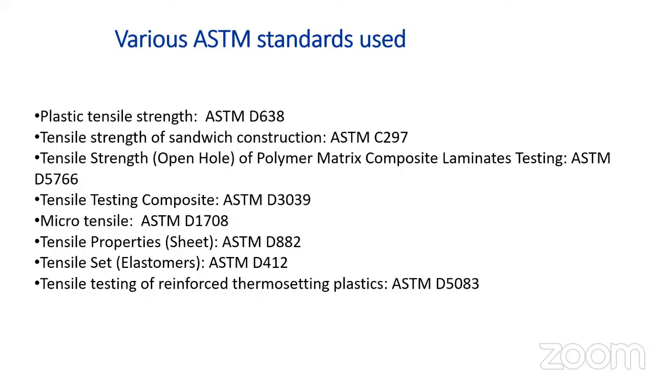First is the plastic tensile strength, which has the specific ASTM standard D638. As one of you mentioned, asking which standards we can use to analyze the mechanical properties, in this slide we have mentioned all of the tensile properties and their related ASTM standards.